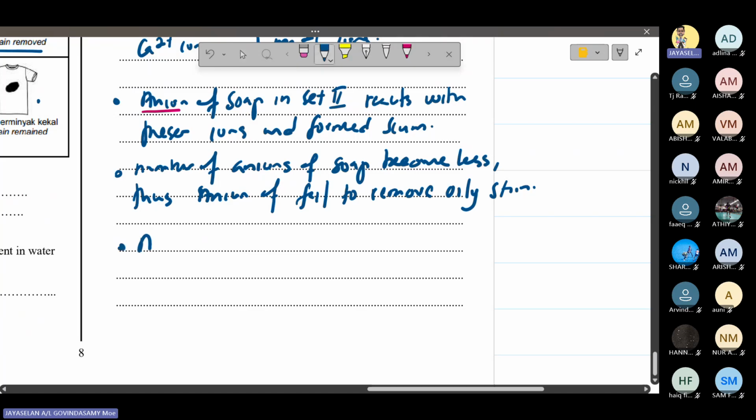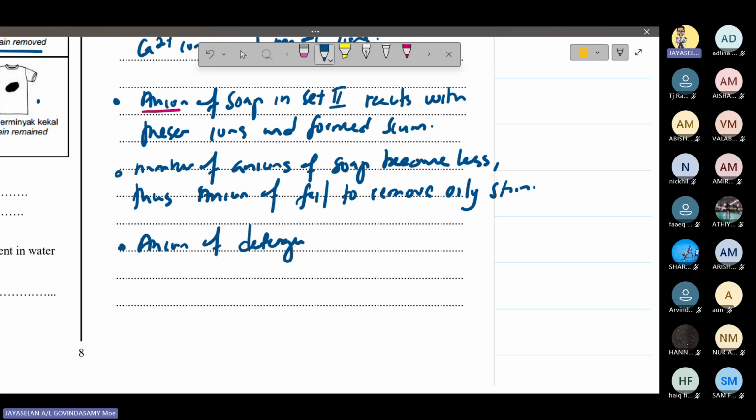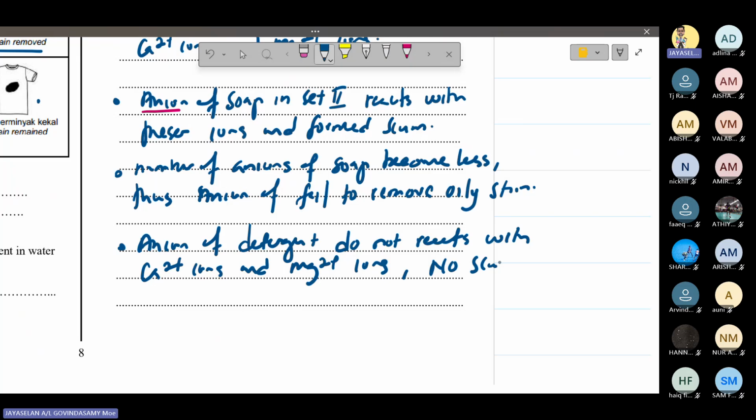Next you go for anion of detergent. There must be anion of detergent. Anion of detergent does not react with calcium ions and magnesium ion, so no scum is formed.